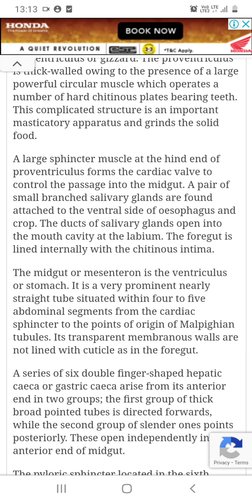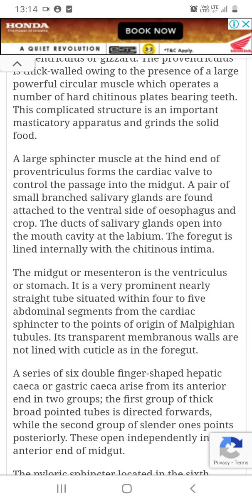The ducts of the salivary glands open into the mouth cavity at the floor of the mouth cavity at the labium. The foregut is lined internally with chitinous intima.